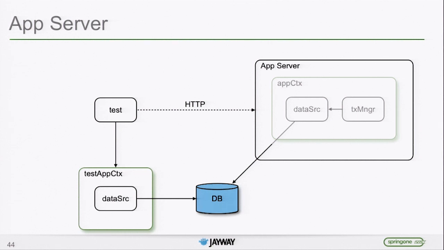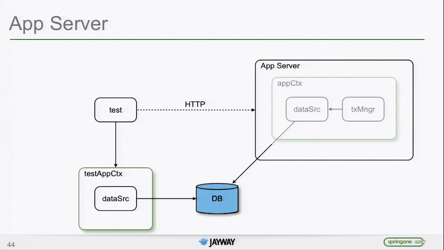If we're doing multiple requests in different threads, they may change the state of the database concurrently and the test will start to fail. And important to know here is we cannot put a transaction manager within our test application context, because the transaction manager that is used within the application server would actually commit its transactions after it has finished, and that is before the server returns a response to the request.